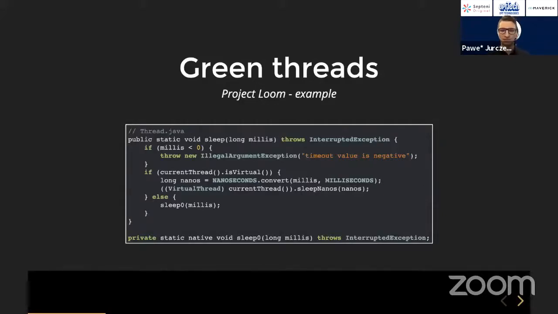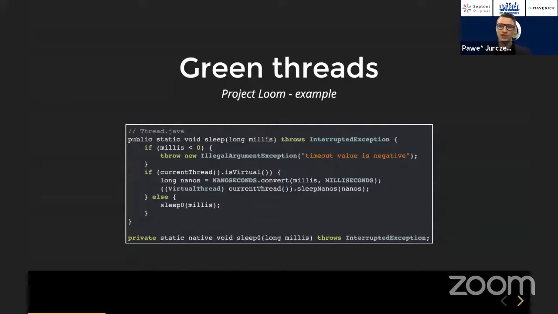Of course, if the thread.sleep method is invoked from a regular JVM thread, then we will get the semantics that we've had for 20 years now. We will be sleeping and blocking the JVM thread. And basically, most of the JDK will be adapted to virtual threads in one way or another.